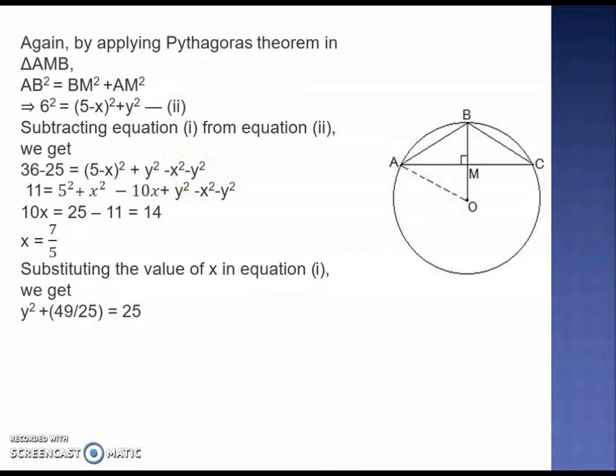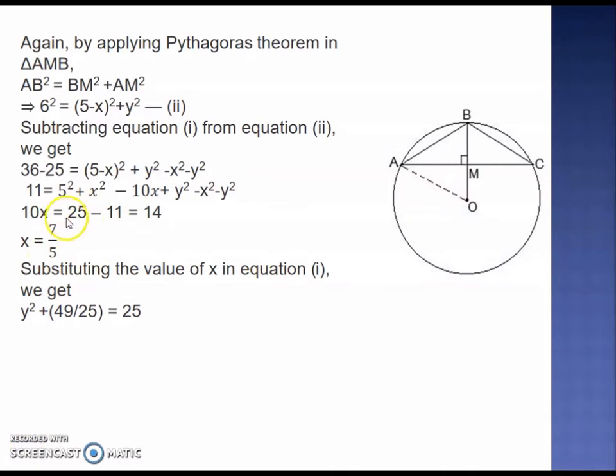That is, I have subtracted x square plus y square here. You can expand this using identity a minus b the whole square. So you will get 5 square plus x square minus 10x. Plus y square minus y square you can cancel out. Here you have minus x square and here you have plus x square. So that also you can cancel out. So you will get 10x is equal to 25 minus 11, that is 14. Or x is equal to 7 by 5.